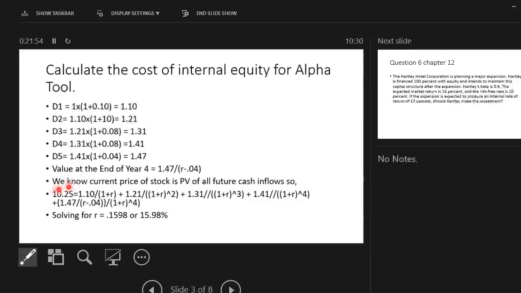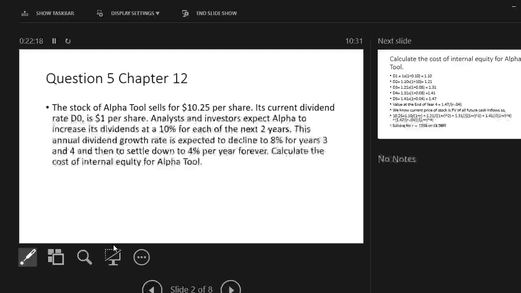All right. So with this information, having calculated this information, we know the current price of the stock, which is the PV of all future cash flows, after having added all these, right? After having evaluated all this and calculating the PVs, we know that the value is $10.25 because of what the question has told us.